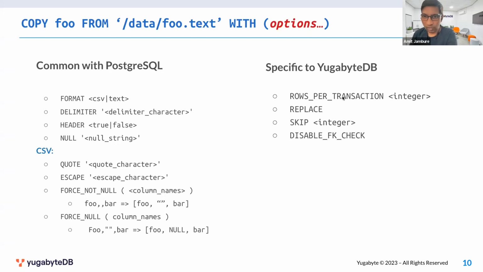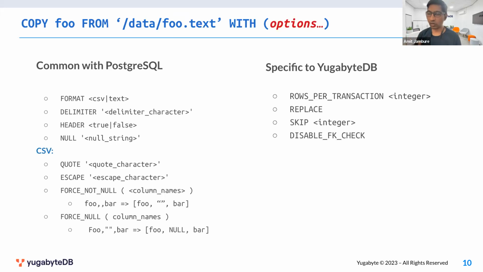So let's go to rows per transaction. And here is one difference from the Postgres implementation. In Postgres, this entire copy command is one transaction. So even if you import a 1 terabyte file, and the insert fails at the last record, it will roll back the entire thing.